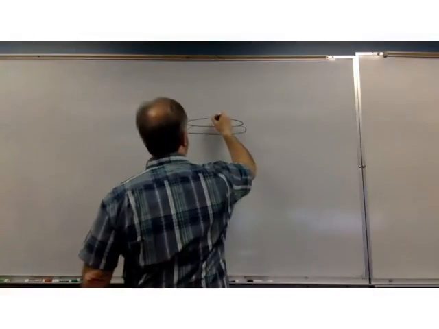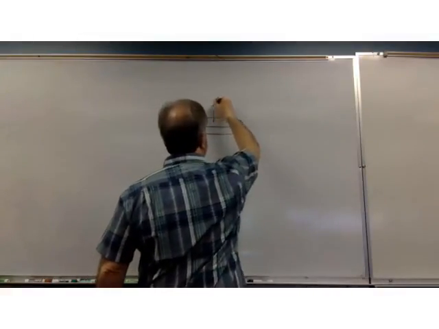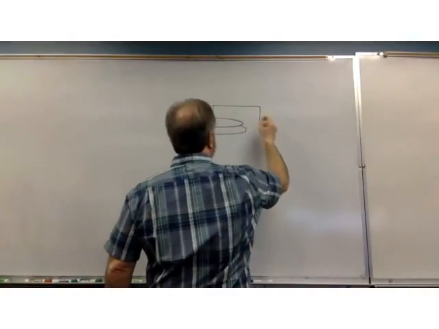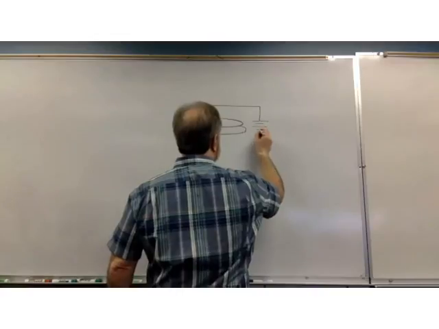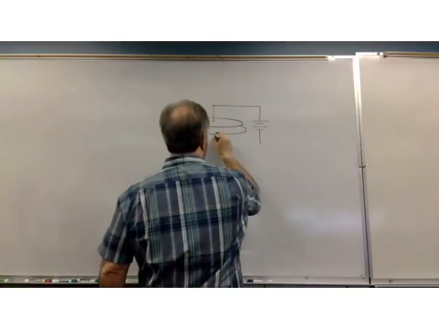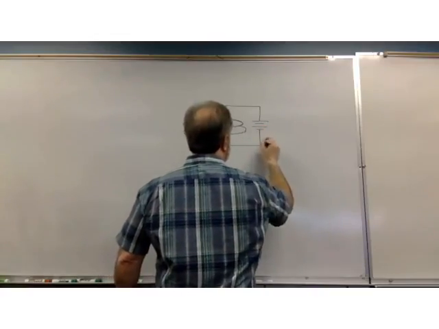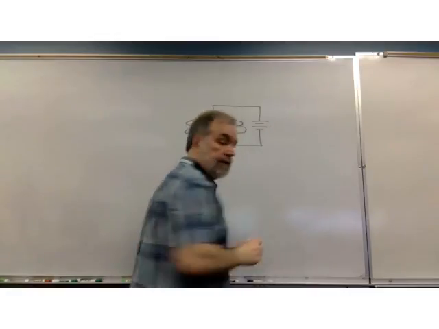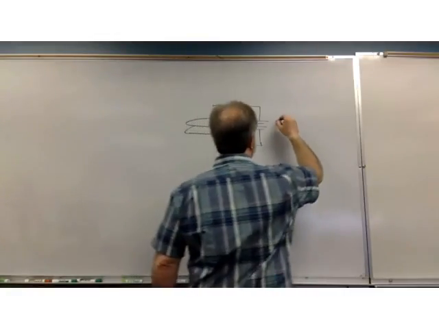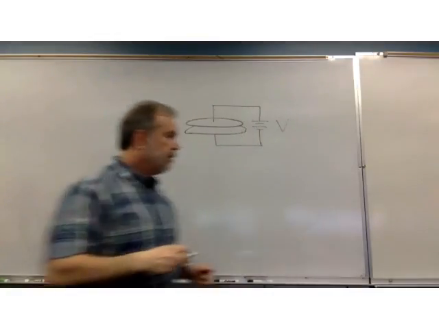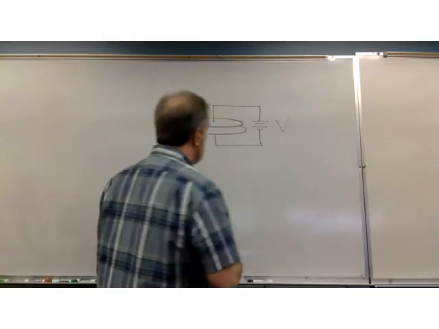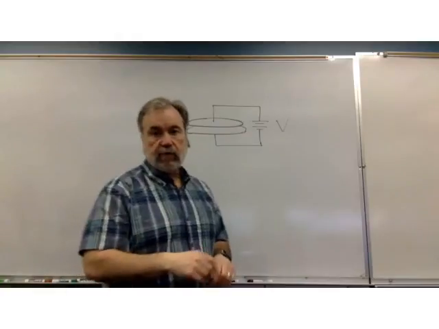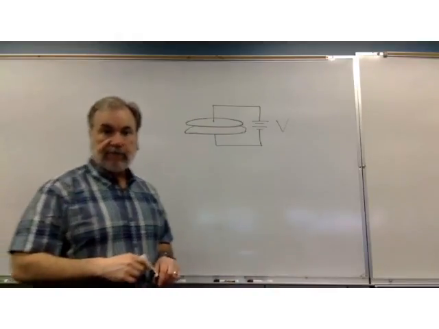Typically, we attach a wire to one of the plates, and then we insert a source of electric potential, usually but not always a battery. And I will label this battery as providing an electric potential that I will call V. So it might be 3 volts or 12 volts or 120 volts or whatever the potential difference happens to be.